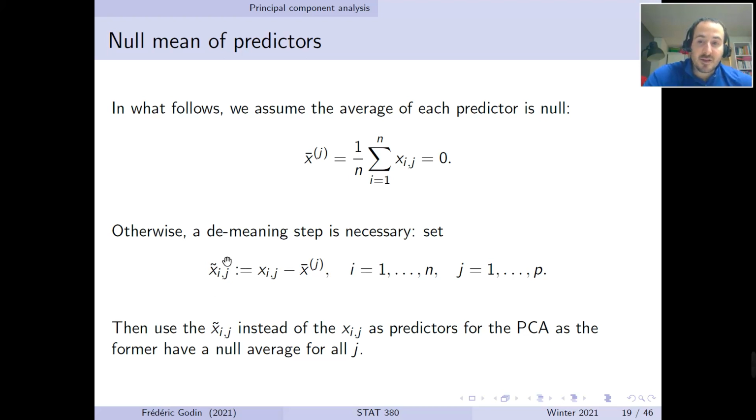These observations x tilde ij would be used as predictors in the principal component analysis instead of the original predictors, because the average of x tilde ij across all observations would be 0. So if your predictors don't have an average 0, you have to center them to have predictors of average 0.